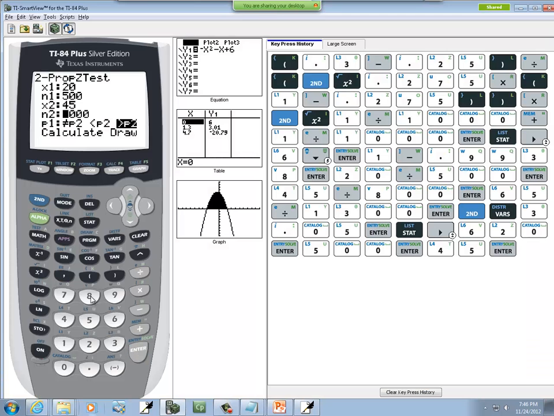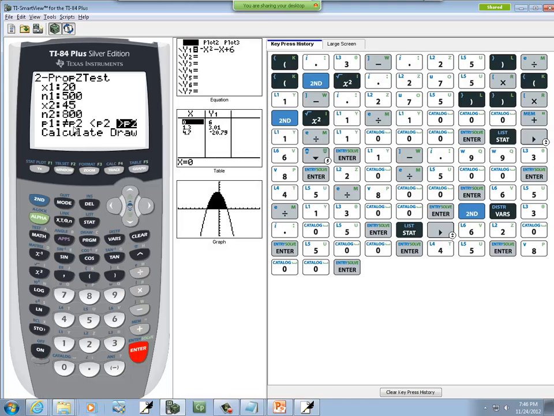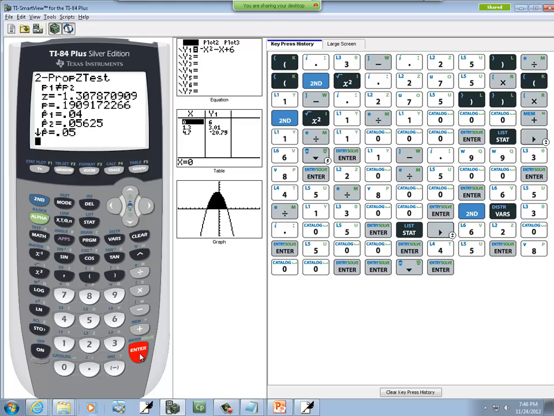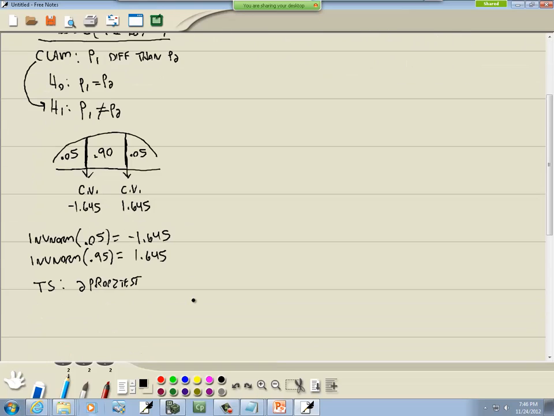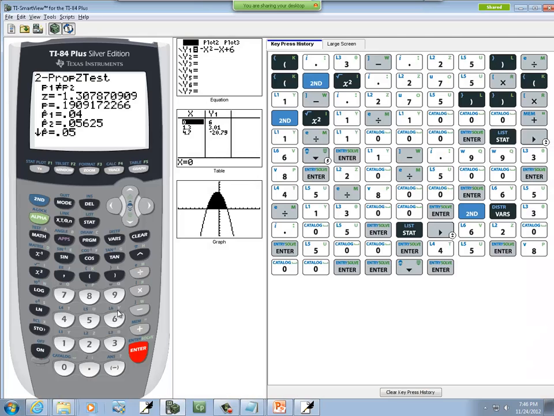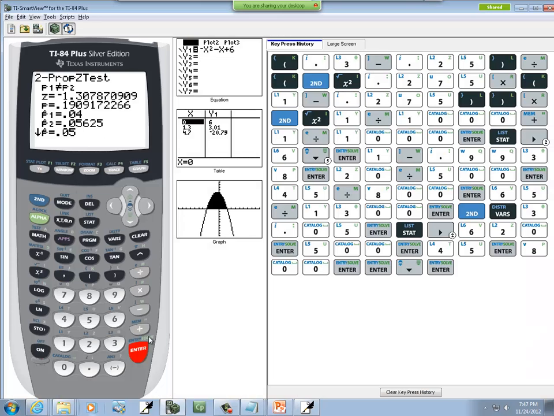N2 is 800. The symbol on H1 was a not equal to, so I want my flashing cursor on not equal to and press enter. Then down arrow and choose calculate. So our test statistic is z equal to negative 1.31.